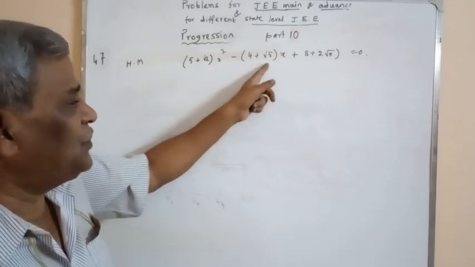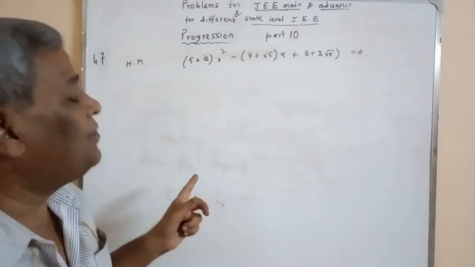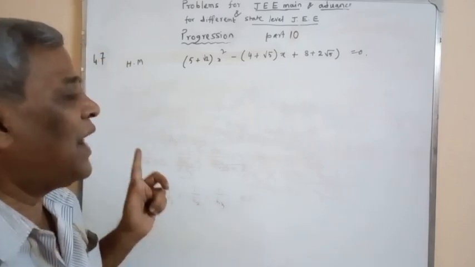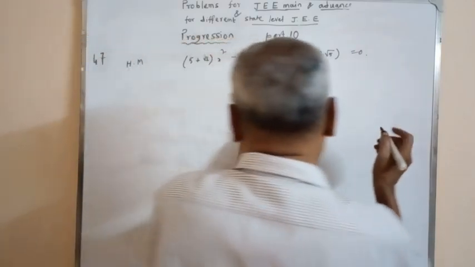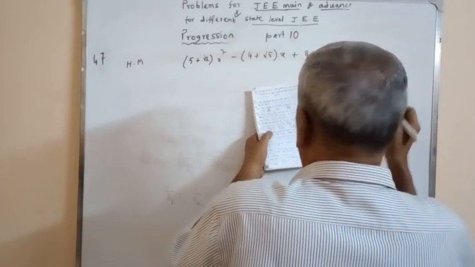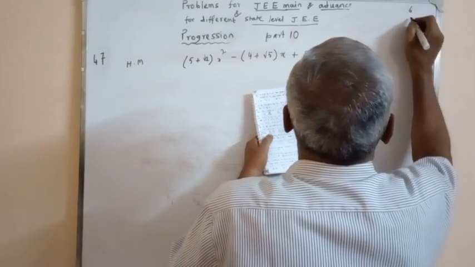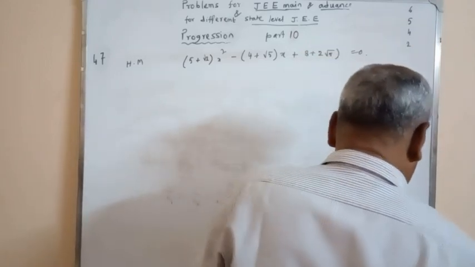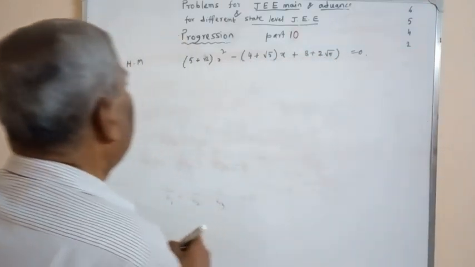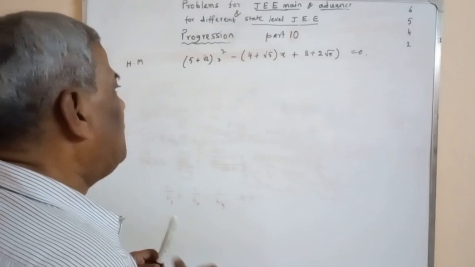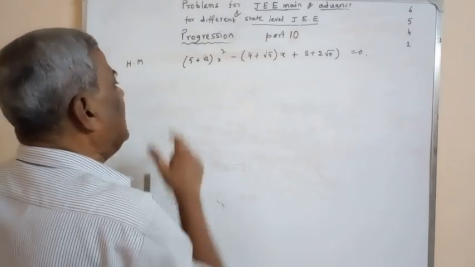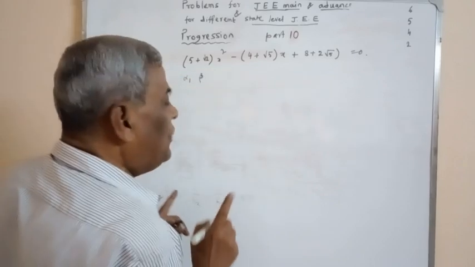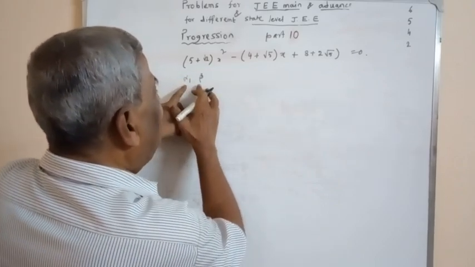Of roots of this equation. It must have two roots. So harmonic mean of the roots is how much? Options: 6, 5, 4 and 2. Suppose alpha and beta are roots of that.